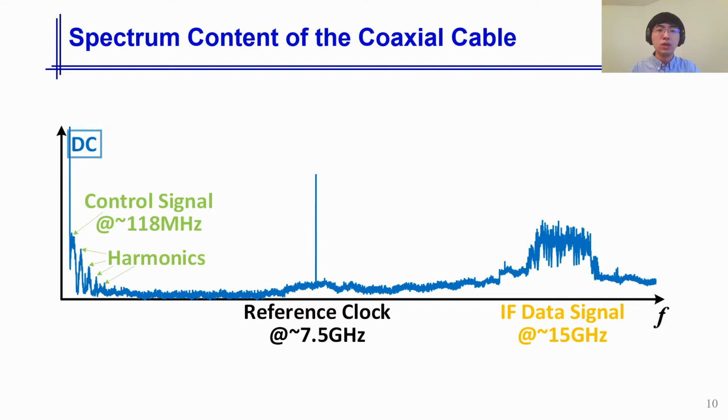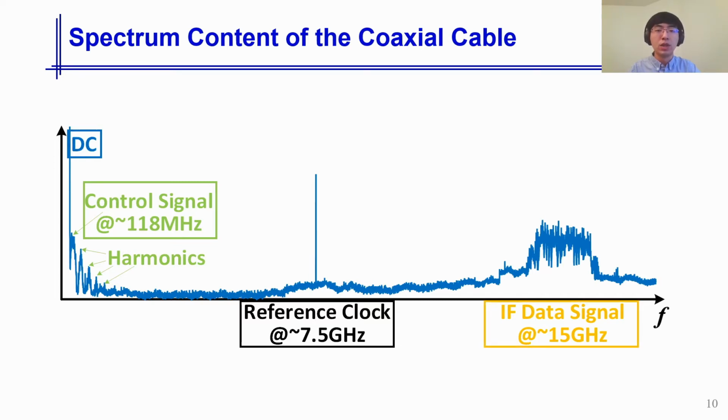The DC voltage is the power supply of the phased array. The control signal is used to change the state of the phased array, such as changing gain or beam pattern. The 7.5 GHz reference clock acts as the clock source for the phased array, and the 15 GHz RF waveform is going to be converted to the mmWave band.